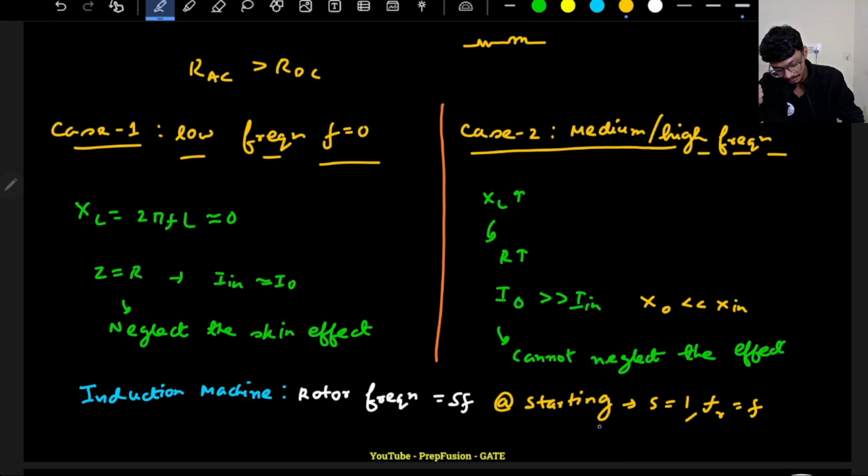At full load, the slip SFL is very near 0, sometimes about 0.05, very low. So the rotor frequency Fr is also low.